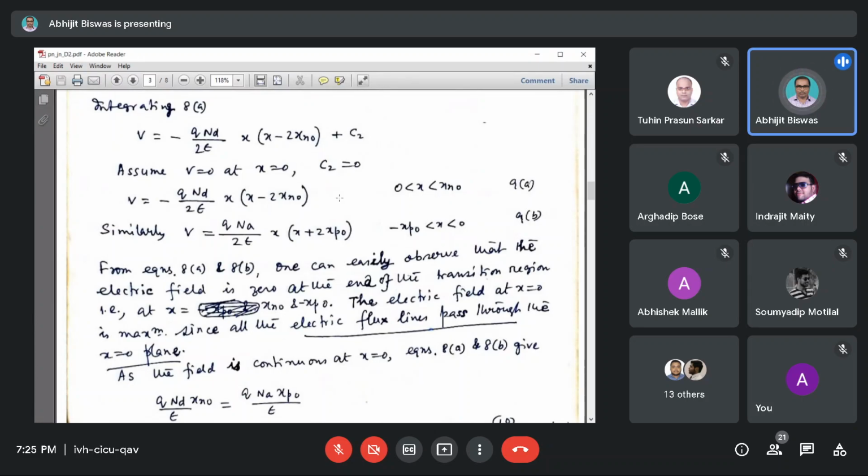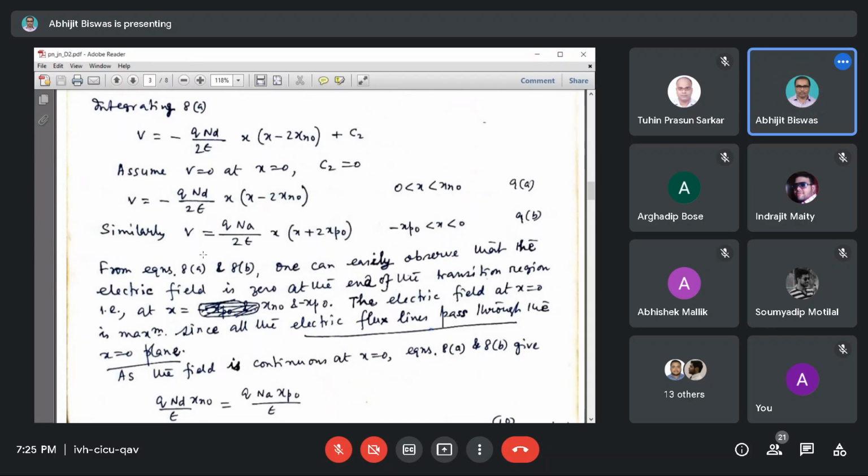So for convenience, we assume that at the metallurgical junction the potential is 0. With this assumption, we can reduce C2 to 0. Therefore, V is equal to minus q Nd divided by 2 epsilon into x into (x minus 2xn0).